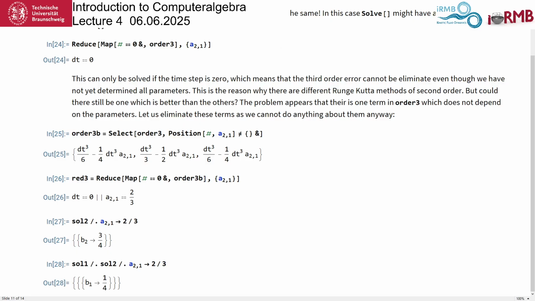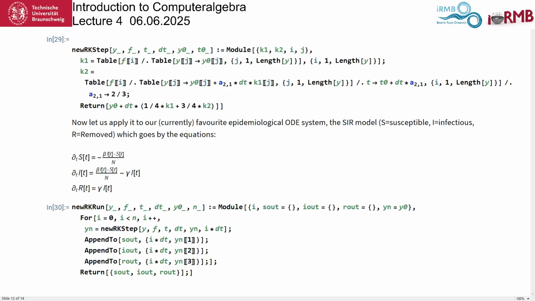Okay, now did we discover anything? Do you know this method? Did you know the method where you get these coefficients? No. It's the Ralston method. I also made this as an exercise for a different lecture, and noticed, oh yeah, you get this with these coefficients, and I was not aware.